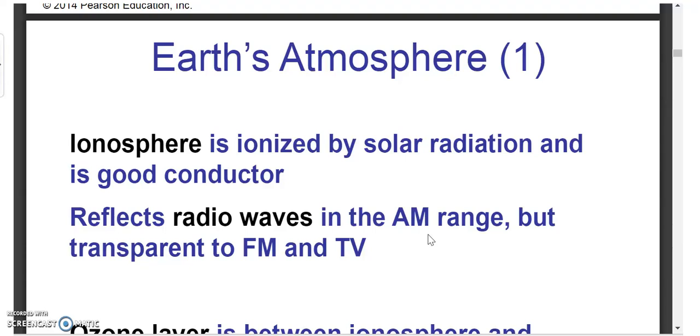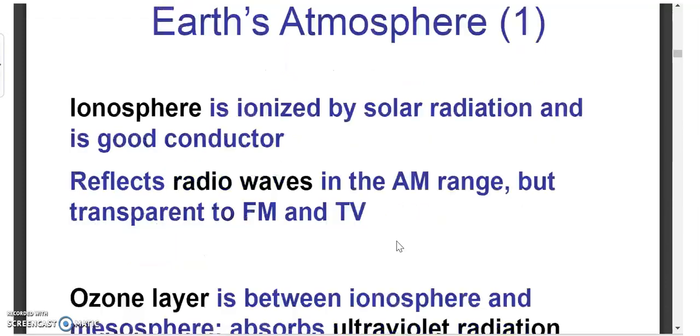Depends on exactly how charged up the ionosphere is. But there have been cases where people could use ham radio, which is roughly in the AM range, and bounce a signal off the ionosphere several times, and let's say reach Australia all the way from the United States. That's unusual, but it has happened.